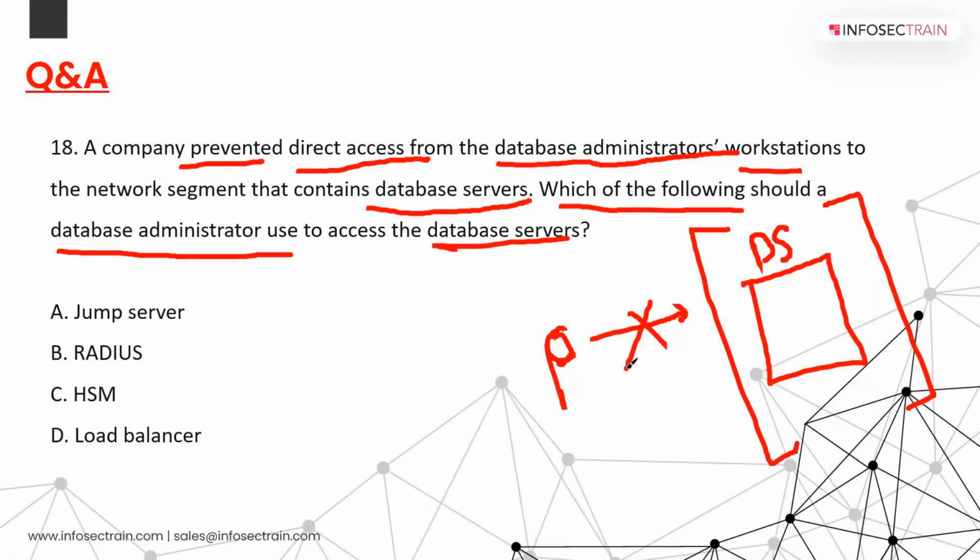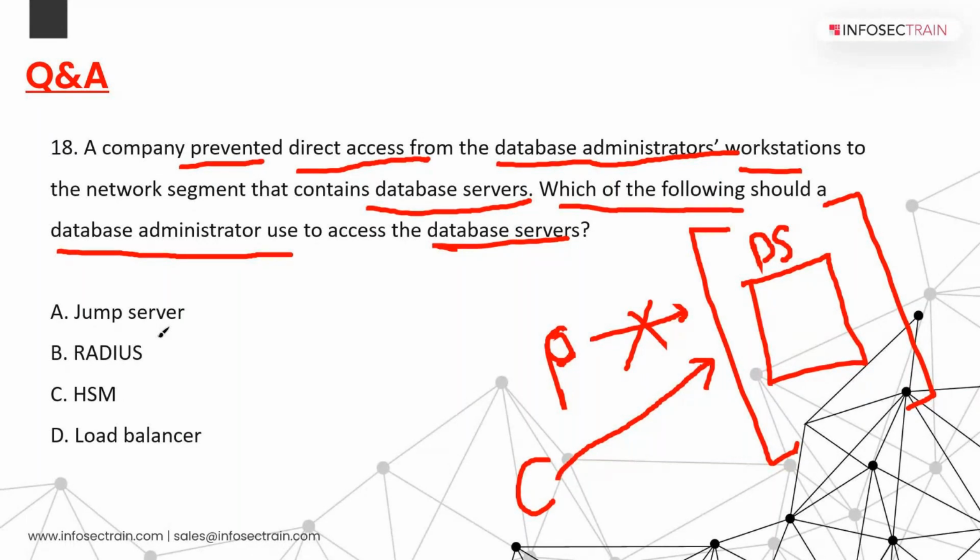So which of the following should the database administrator use in order to access the database? See, the traditional way is not going to work. When any client makes a straightforward request to this database server, which is cut off from the network, you will not be provided access. So what we have is something called a jump server.